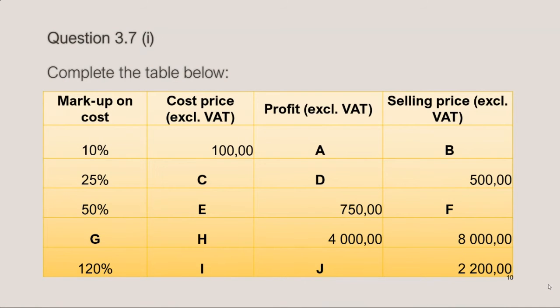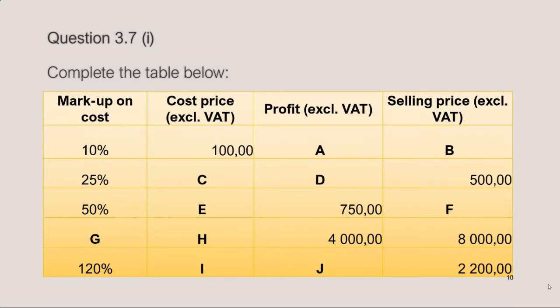If we look at our cost price, profit, and selling price scenario, where would that amount fall? So that first column they've given you. Okay, so Tumelo says that was the profit percentage. Yes, so that markup on cost percentage they've given you is actually your profit percentage.